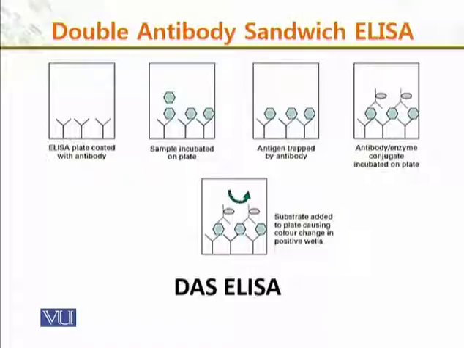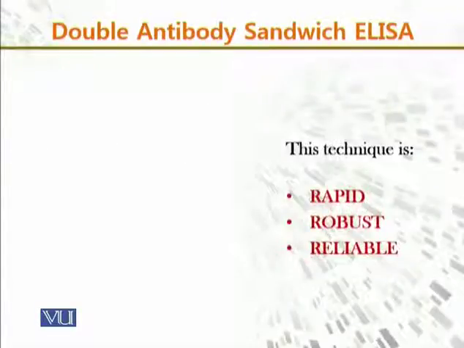You see, there is an antibody, antigen, and then an enzyme which is added to the plate, producing color, and from the color determination we can find out whether the antigen is there or not.